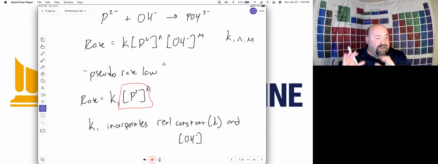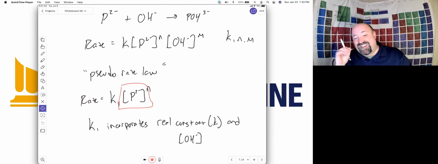But once we know that order with respect to phenolphthalein, we can start to play with, for lack of a better word, a lot of fancy logarithmic math and a lot of fancy graphing that will lead us eventually to the order with respect to hydroxide, and then would lead us to the actual K value rather than the K1 value.